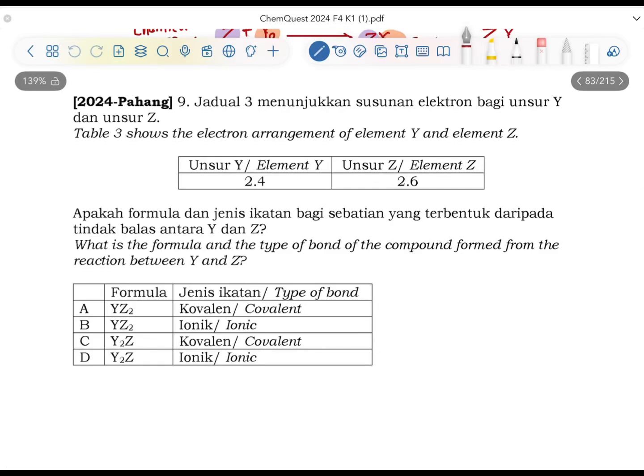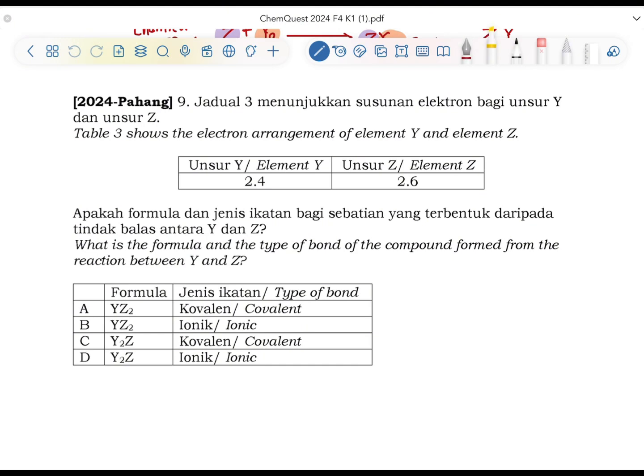So let's continue with the discussion of the trial paper questions, which for this chapter is Form 4 chapter 5, which is the chemical bonds. Okay, so let's continue with the question.